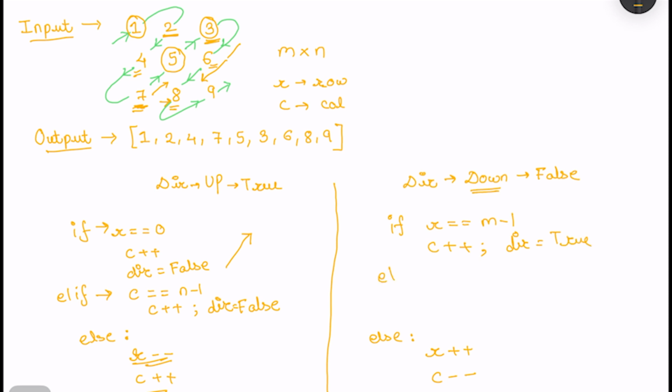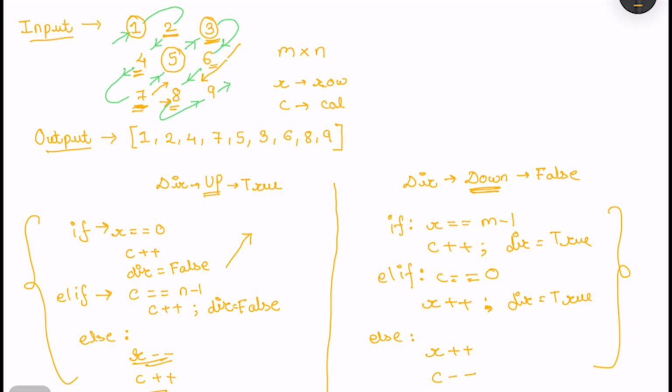The other condition would be if I'm at C equal to 0, at the first column, then we have to go to the next row, so increment the row and change the direction to true. So these are the few conditions that we have to consider while going downwards, and those are the conditions we have to consider while going upwards.